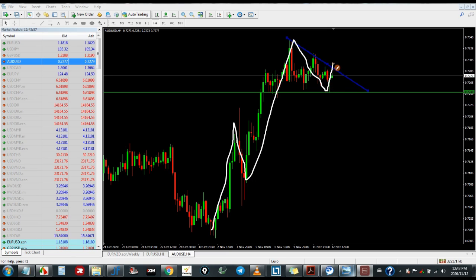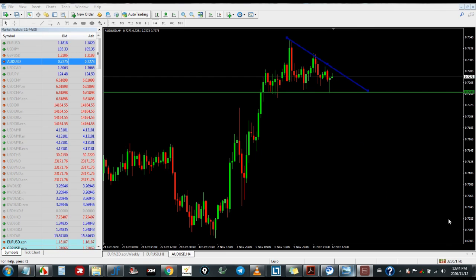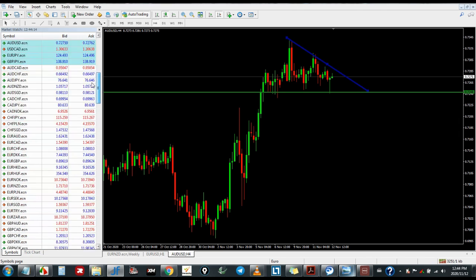So meaning if it breaks above, maybe I will buy, or break above and pull back, I will buy. So let's look at the other AUD pairs. Do they agree with this direction of buying this pair? You see, let's look at AUDCAD.